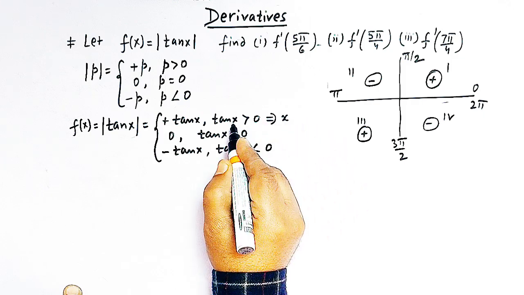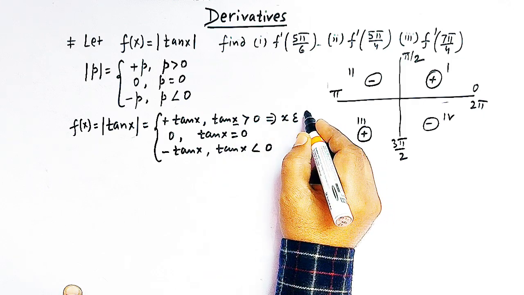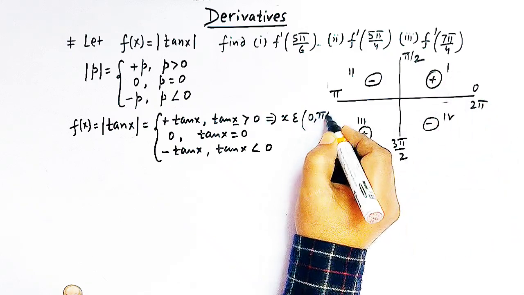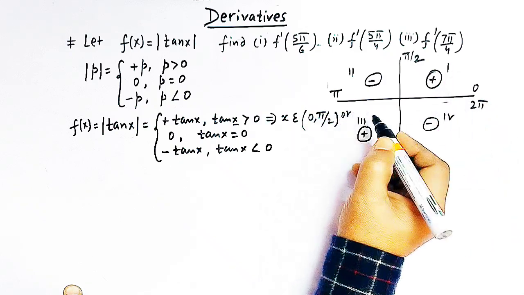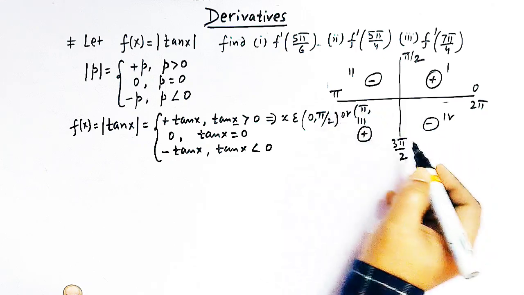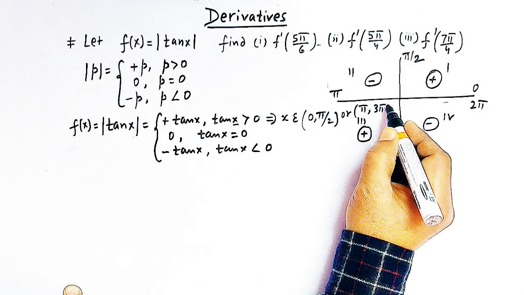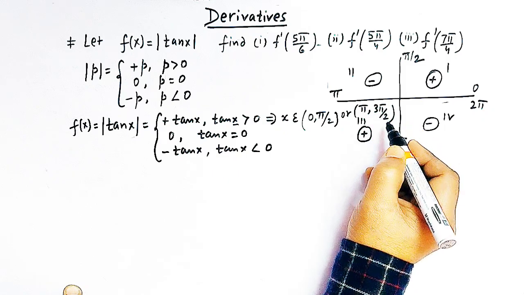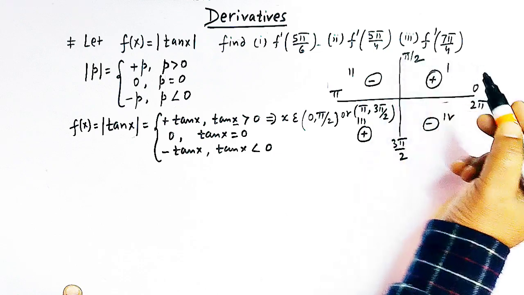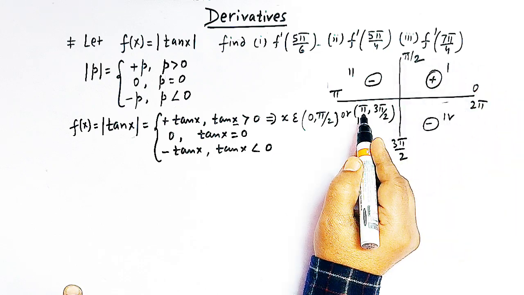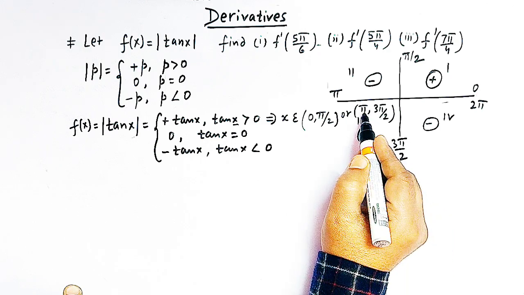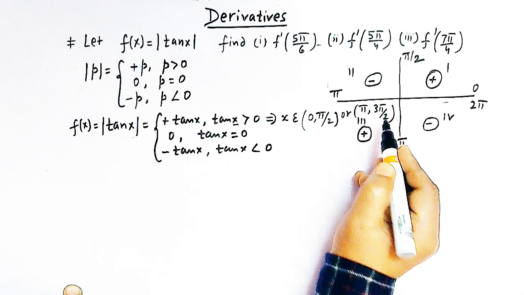So our x must belong either to the first quadrant, that is from 0 to pi by 2, or to the interval pi to 3 pi by 2, because when we take the values of x from 0 to pi by 2, we are in the first quadrant, and when we take the value of x from pi to 3 pi by 2, we are in the third quadrant.